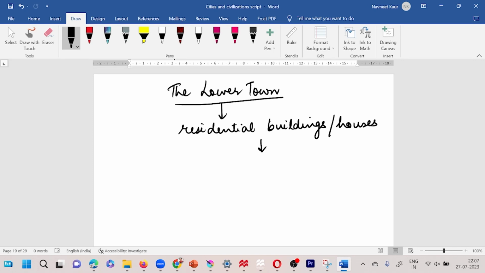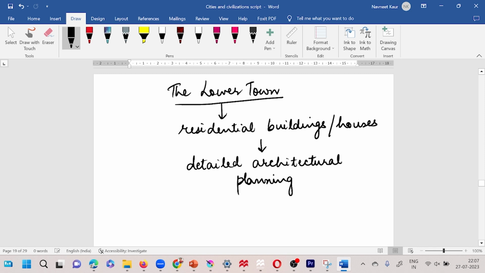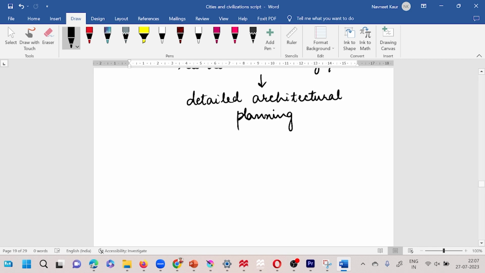These residential buildings or houses suggested detailed architectural planning. They were either one or two-story high and were built of baked bricks.